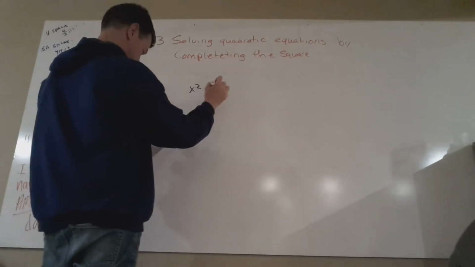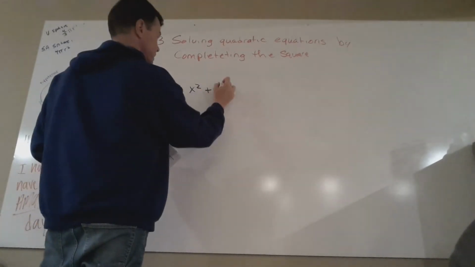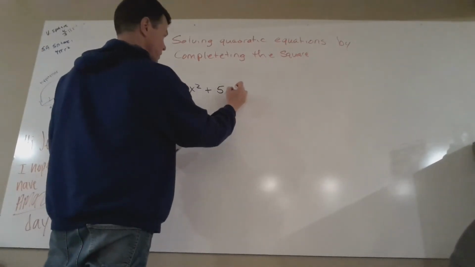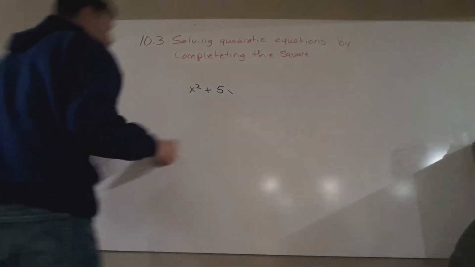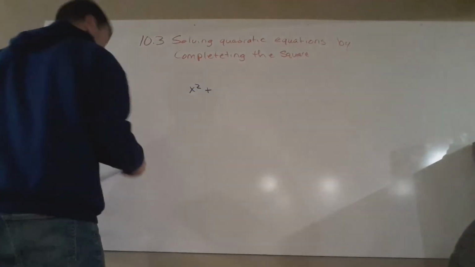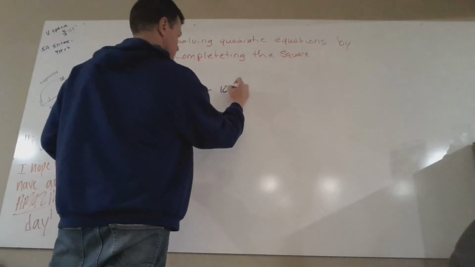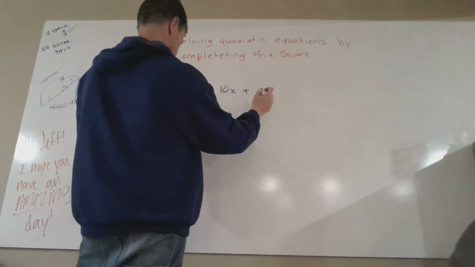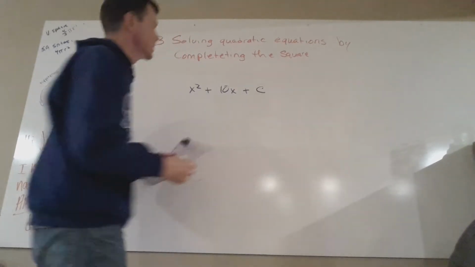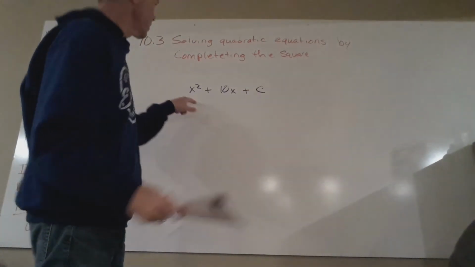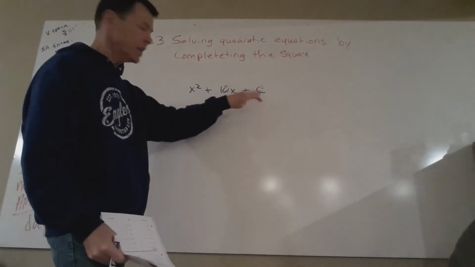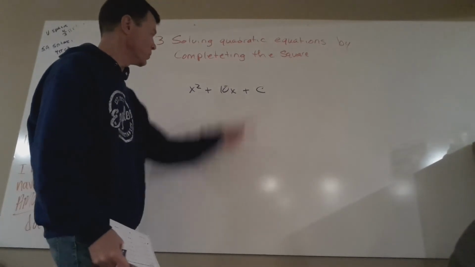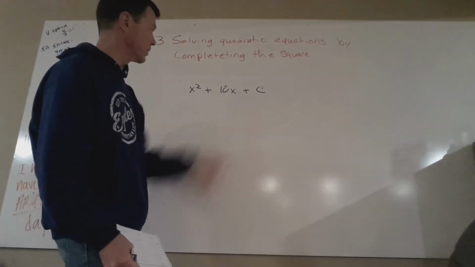Let's have x squared plus 10x plus something, c. That's going to take the form x squared plus 10x plus c. What does this number c have to be so I can have a perfect square trinomial?